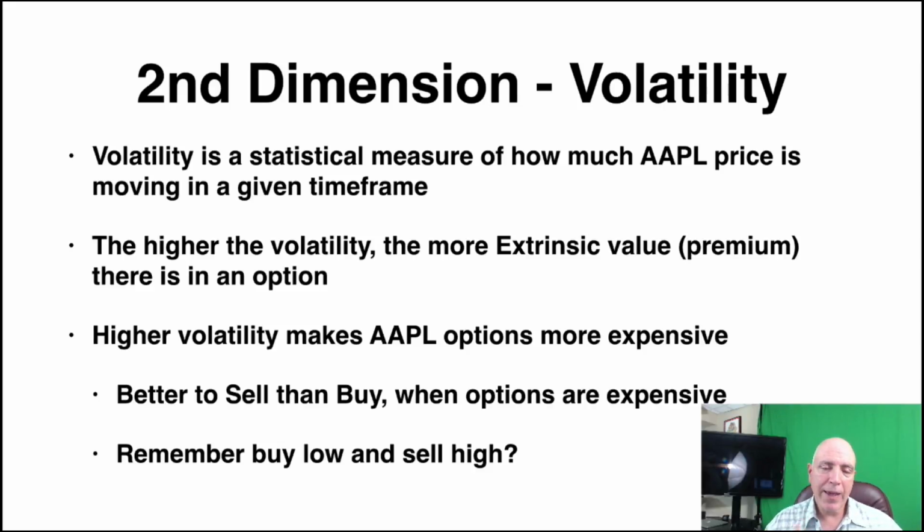So here's something to consider with volatility. Now you have the option of either buying or selling calls or puts. If volatility is increasing, or volatility is very, very high, that means the relative cost of that long call or put is very expensive.